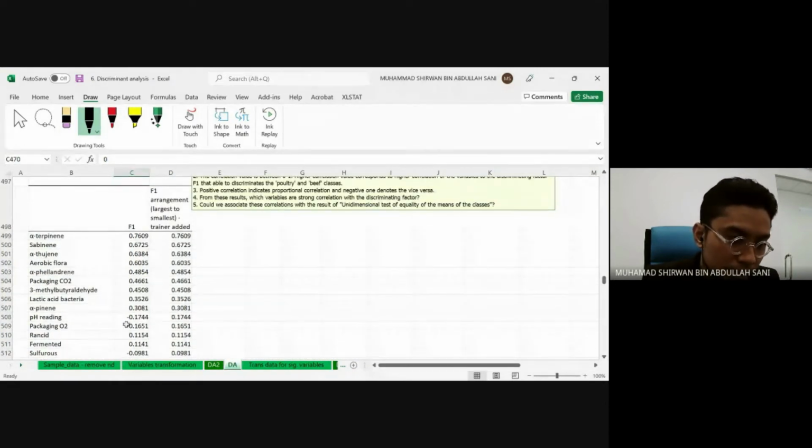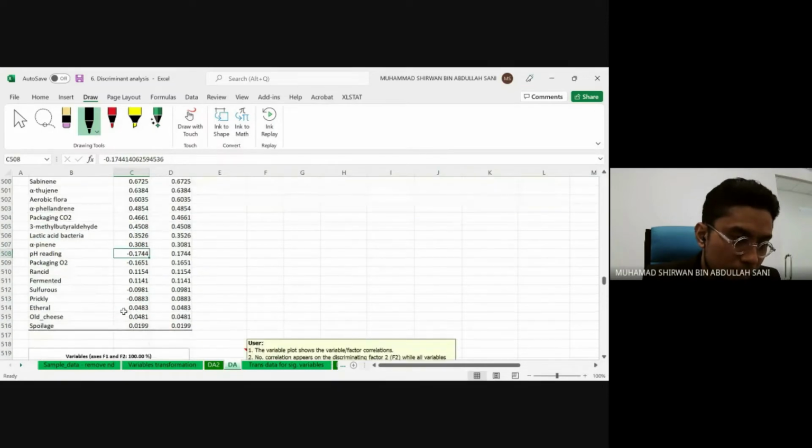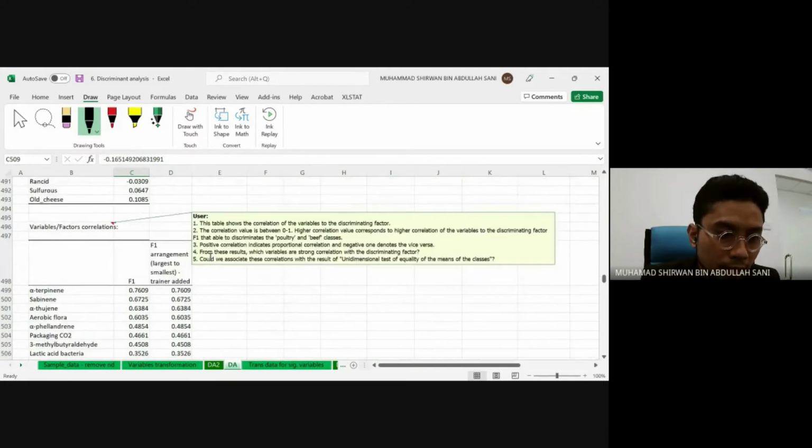So indicate here pH reading, for example, and alpha terpinene, they are negatively correlated because they have negative sign. But pH reading and packaging oxygen amount are positively correlated because they have similar sign. So that's the similar macam kita punya PCA reading semalam lah.